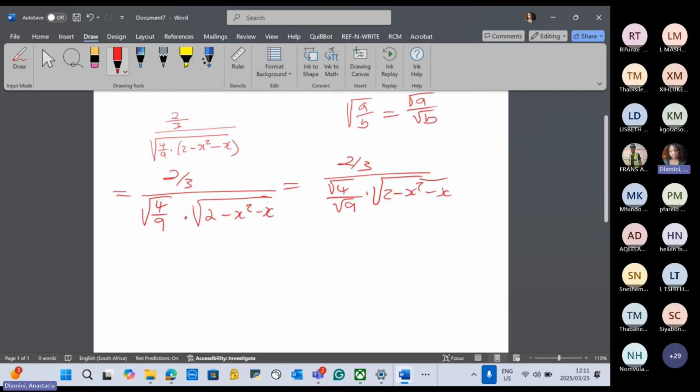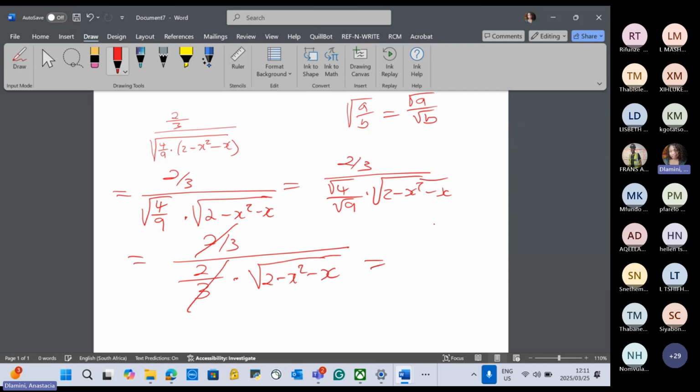So this is 2 over 3 over, what is the square root of 4? 2. What is the square root of 9? 3. Times the square root of 2 minus x squared minus x. This and this, they divide, so this equals 1 over the square root of 2 minus x squared minus x.